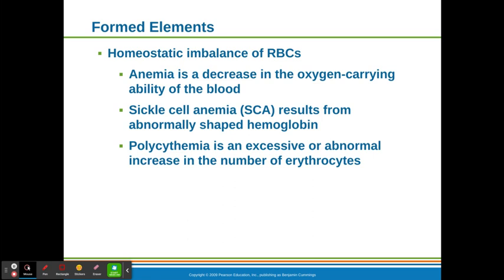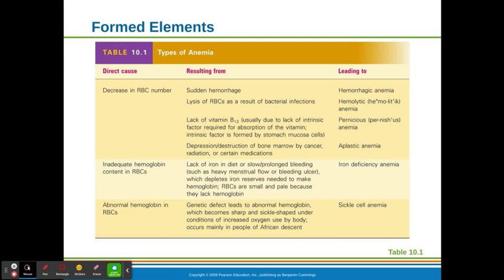This results from abnormally shaped hemoglobin. It's hereditary. It's genetic. There's a genetic basis for it, and we'll see in a second what the blood cells look like. And then polycythemia is when you have an abnormal number of erythrocytes. You have either too many or not enough red blood cells, and having too many can be just as much of a problem as not having enough.